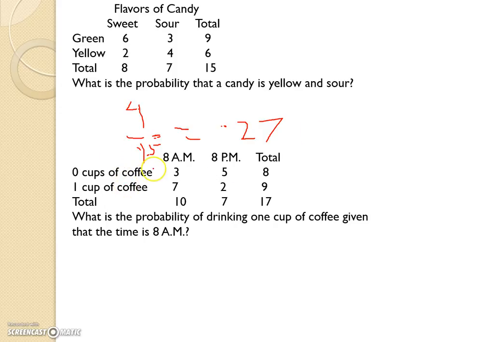The second table is 0 cups of coffee and 1 cup of coffee at 8 a.m. and 8 p.m. with the total being 17.